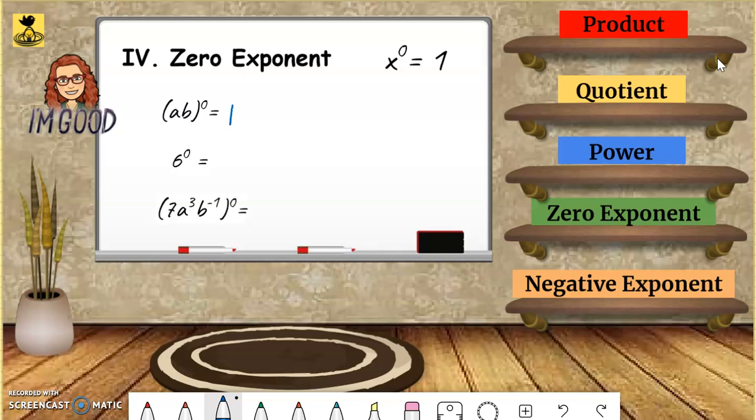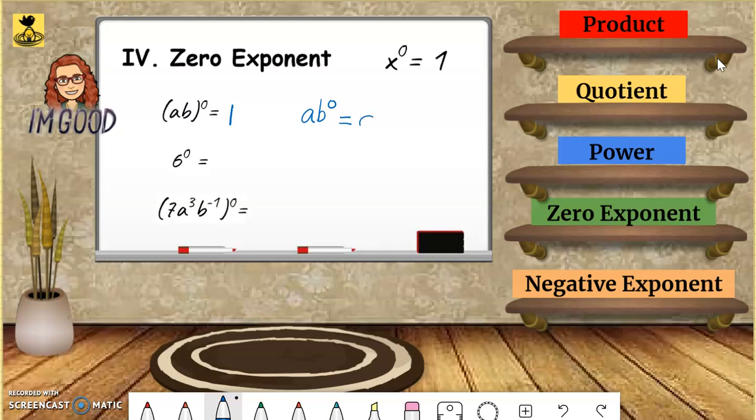Okay? For example, class, I have here a and then b raised to the power of 0. What's the difference between the two? So b to the power of 0 is just the equivalent of 1. So a is not raised, meaning our answer is different.